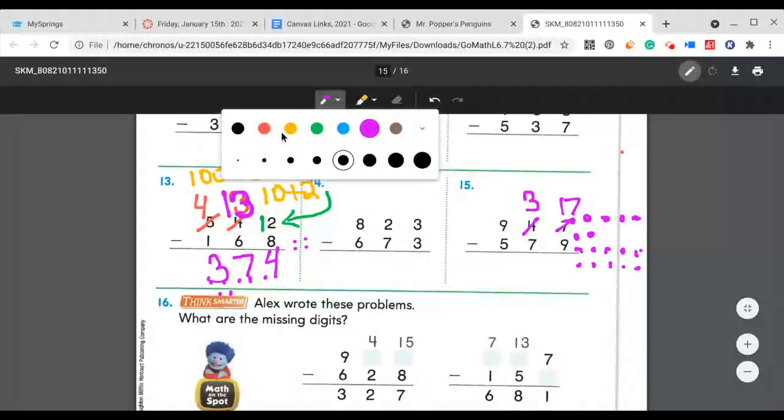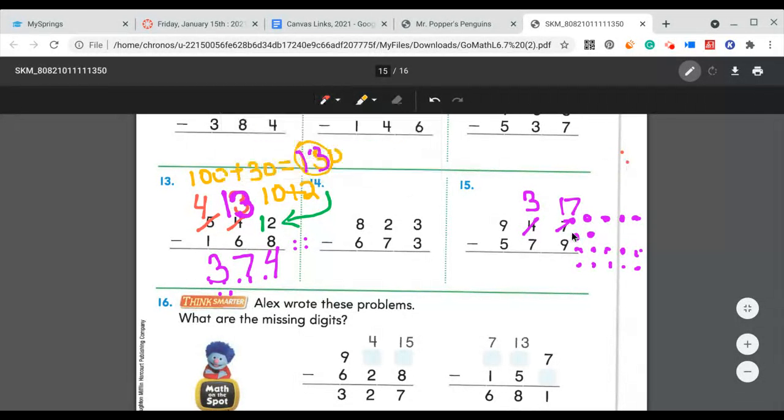One strategy is to go ahead and actually draw it out, right? So we have to take away 9. So 1, 2, 3, 4, 5, 6, 7, 8, 9. We are left with 1, 2, 3, 4, 5, 6, 7, 8. We're left with 8.